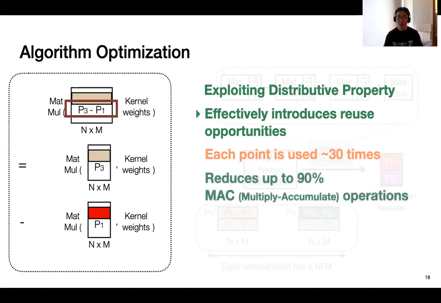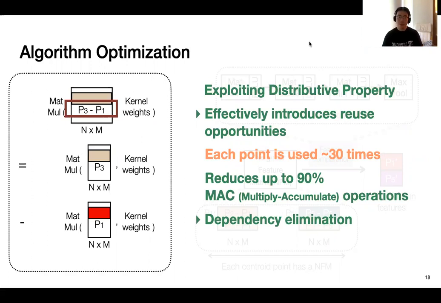With our optimization here, this directly translates to up to 90% of compute saving. What is more, it also eliminates the dependency between neighbor search and feature computation. In the previous algorithm, we cannot do feature computation unless we know that P3 and P1 are the same. Now, since we are doing feature computation on individual points, we don't need that information.